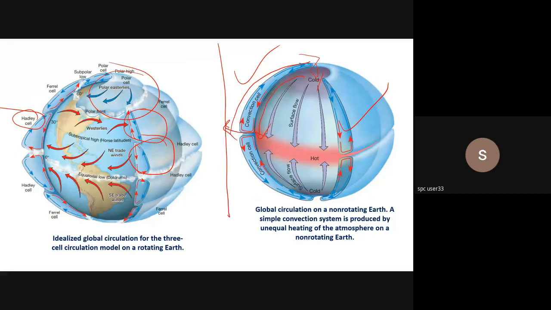The one near the mid latitudes is called the Ferrel cell, and the one near the poles is called the polar cell. So these are three cells. So from unicellular, the idealized circulation is the tricellular model.